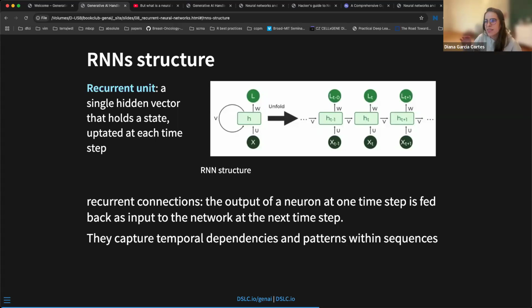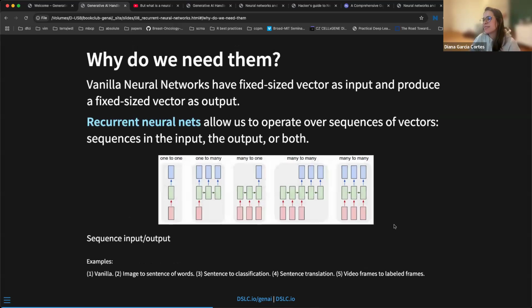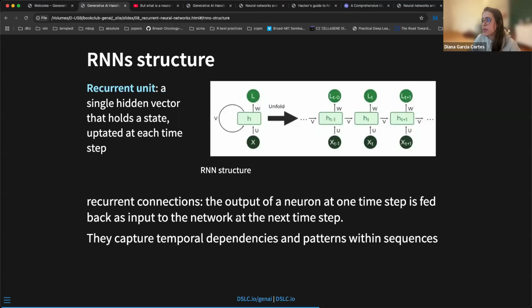It's going to be a hidden layer, and each of the weights in that hidden layer will be associated to a different time point or a different input in our set of inputs in the recurrent neural network.